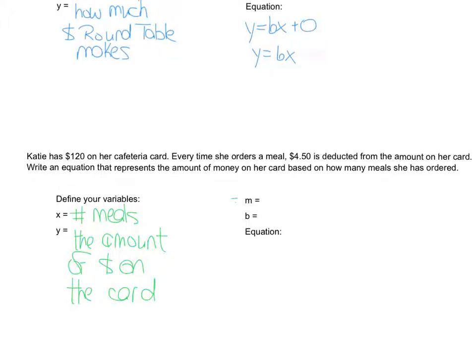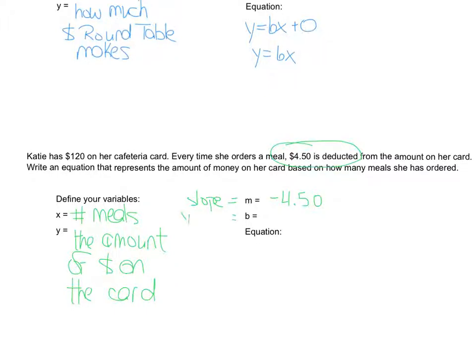So what's the slope? How is this changing every time she gets a meal? Well, every time $4.50 is deducted. That's an important word. This is the slope. And if it's being deducted, what's happening? It's going down. So the slope here is negative. She is losing $4.50 on that card every time she orders a meal.